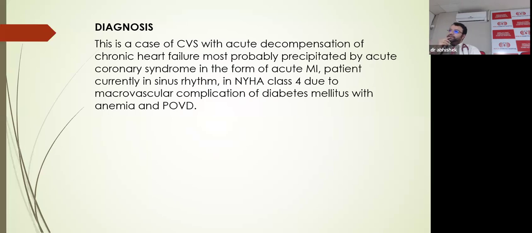This patient did not have acute coronary syndrome. Patient had a chronic rheumatic heart disease in the form of aortic stenosis, which was there throughout his life. In adolescence he got acute rheumatic fever, which got converted into chronic rheumatic heart disease. He developed aortic stenosis with mitral stenosis.